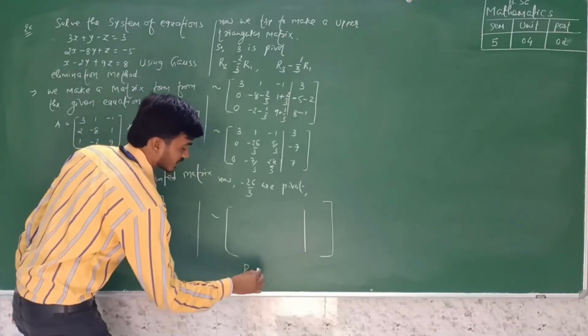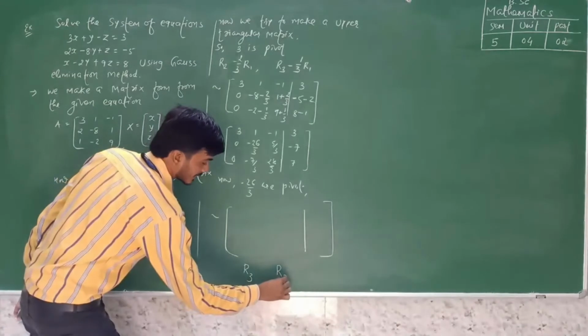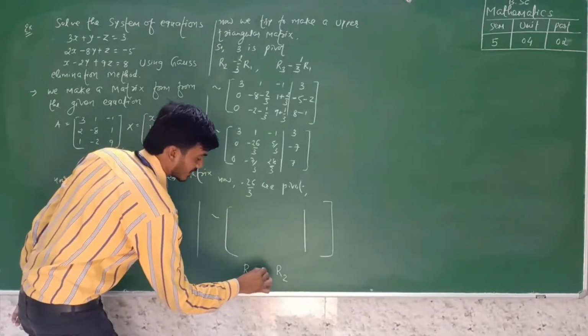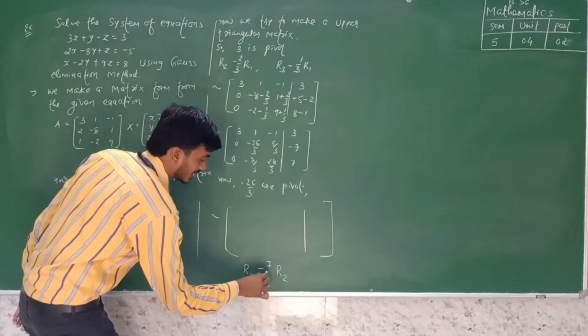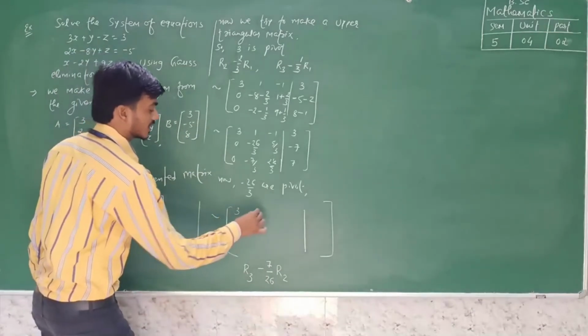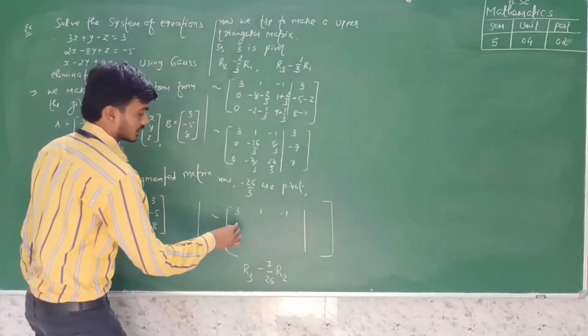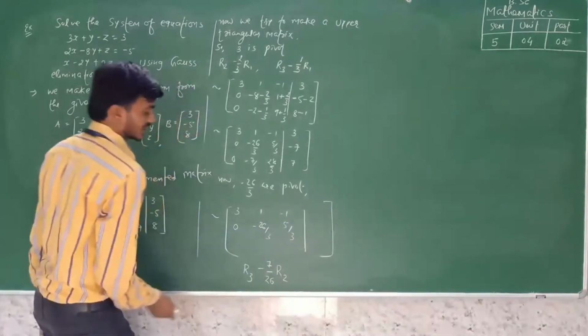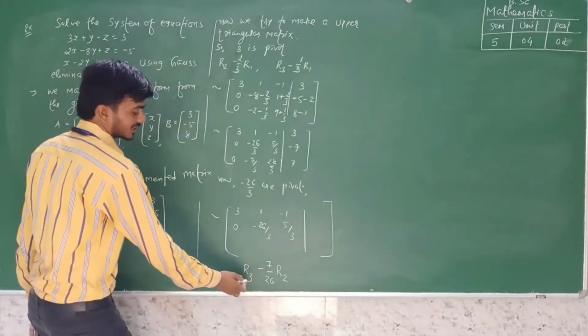Changes in this third row and R2, second row: each and every element of the second row is multiplied by minus 7 by 26. So no changes in the first row, no changes in the second row, but changes in the third row. So what are the changes?